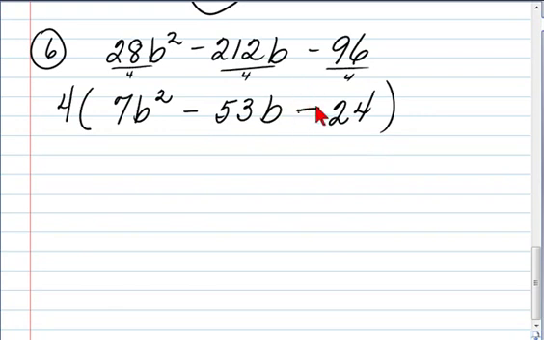That sign had no reason to change other than my carelessness. All right. I was able to factor out a common factor, and it's the greatest one because these no longer share a common factor. Does this look like something that maybe we can do by trial and error? Yeah. So I'm going to keep the 4 and put my parentheses.